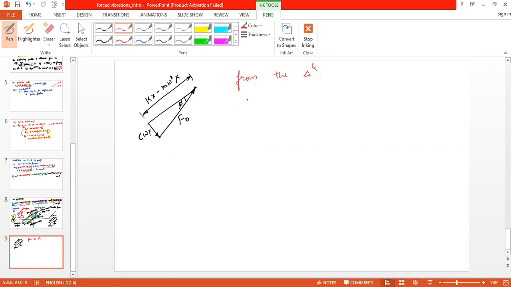What is the Pythagoras theorem? (kx minus m omega square x) whole square plus (c omega x) whole square is equal to F naught square.